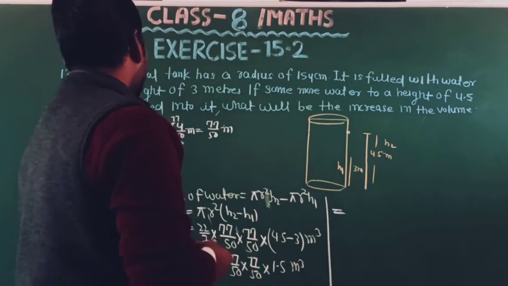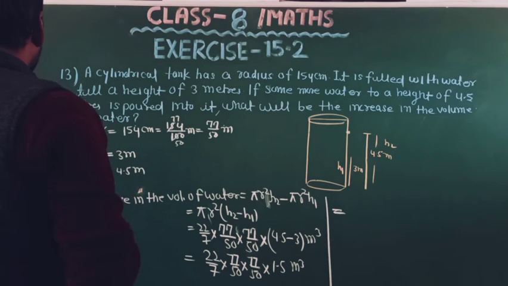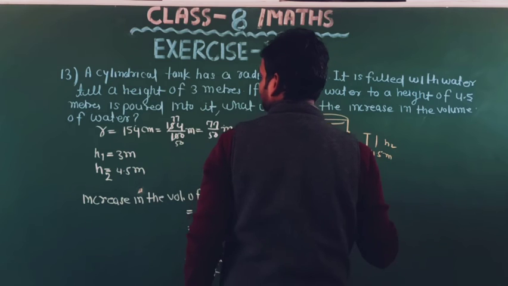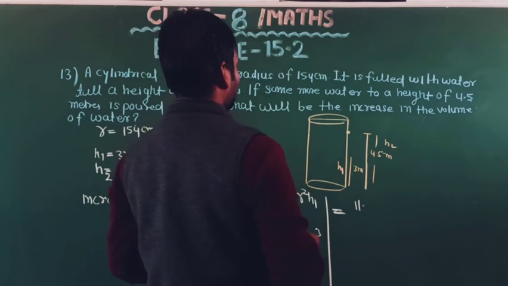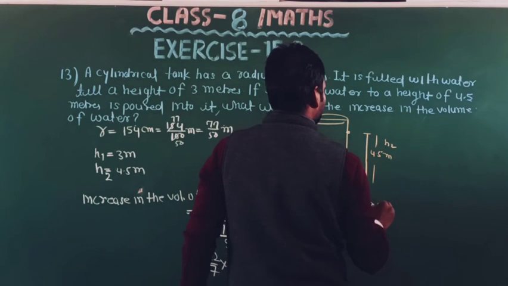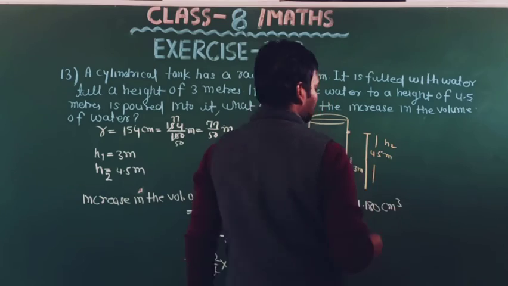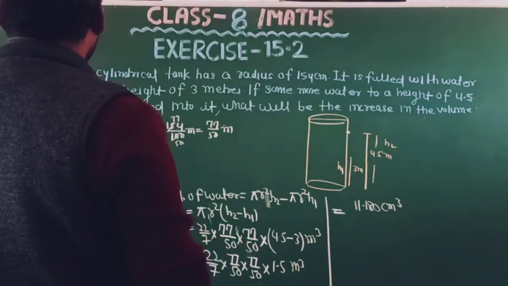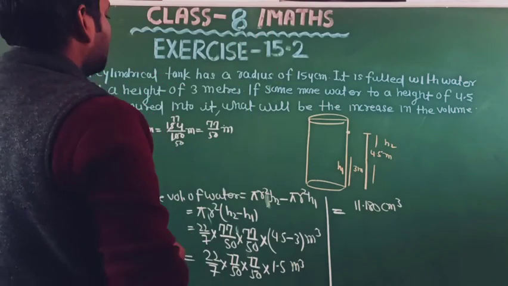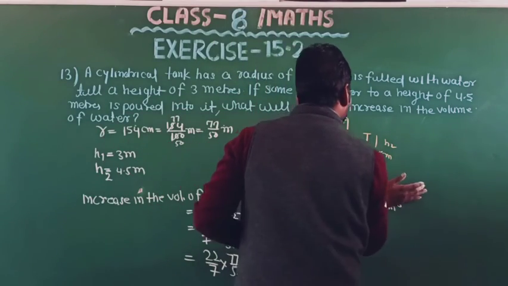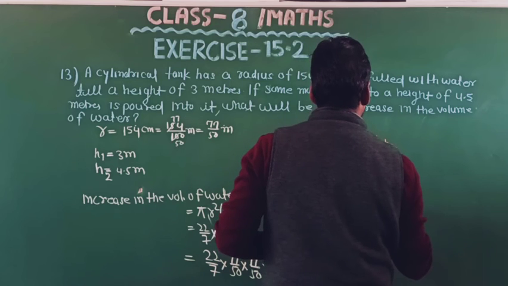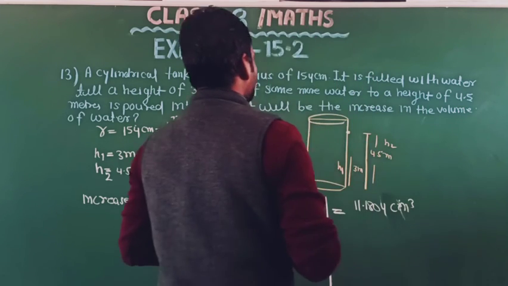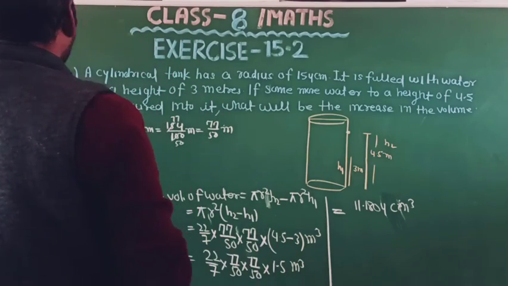Now finally, after multiplication and division, we will get 1.1844 meter cube volume.